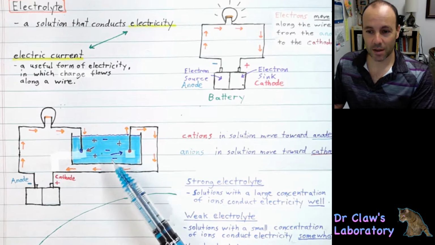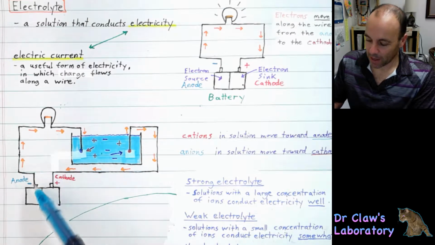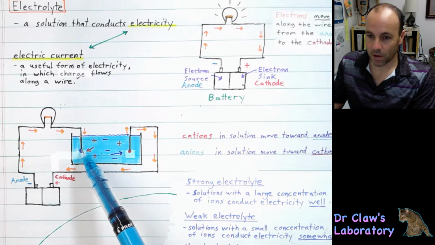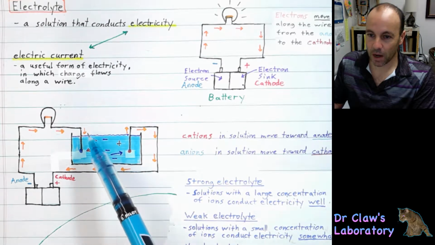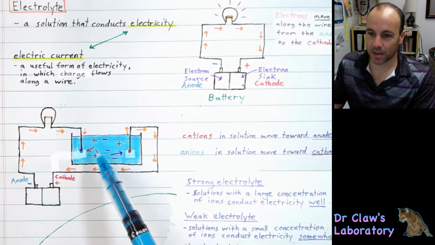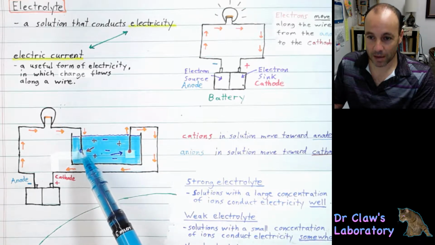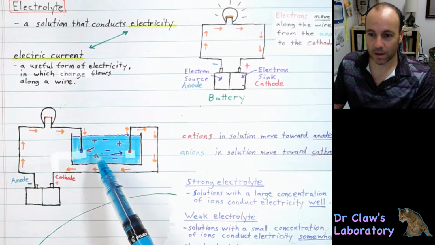And it does. What actually happens as the electrons are going along the wire over here, the positive ions in solution head to that location, and they annihilate each other.